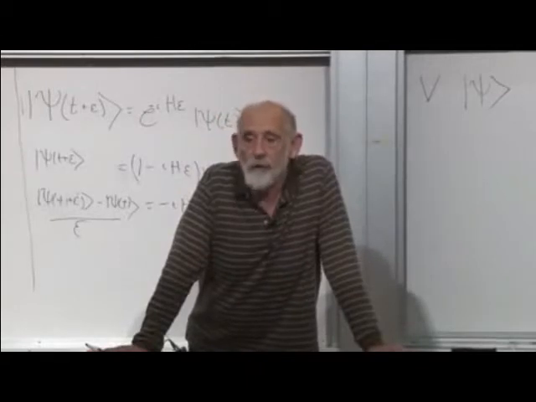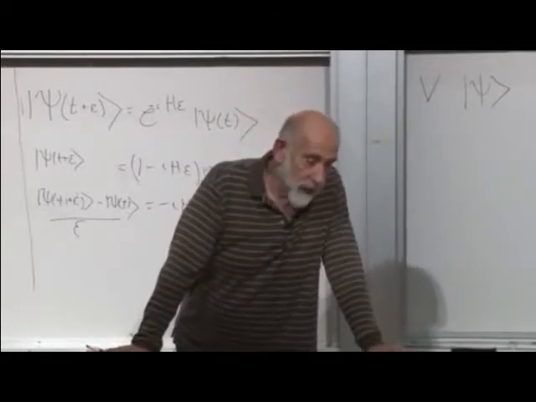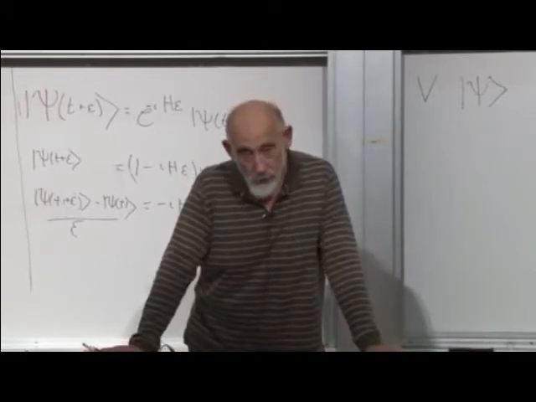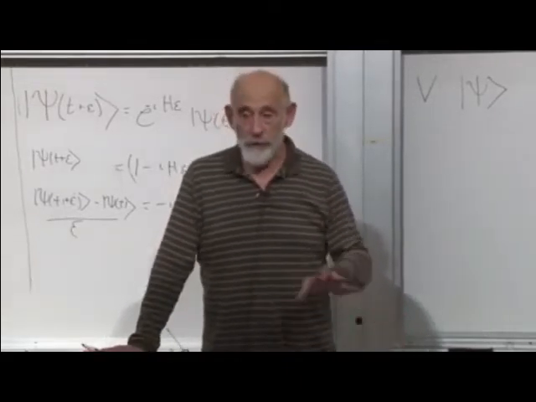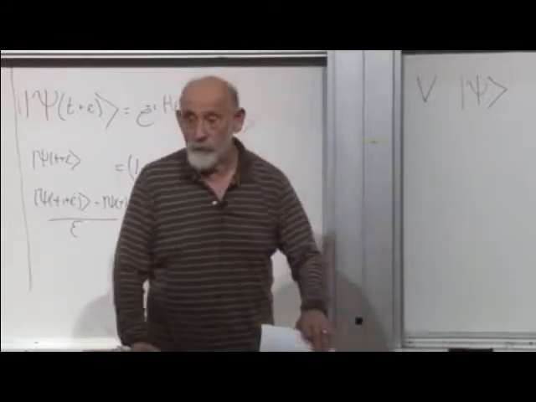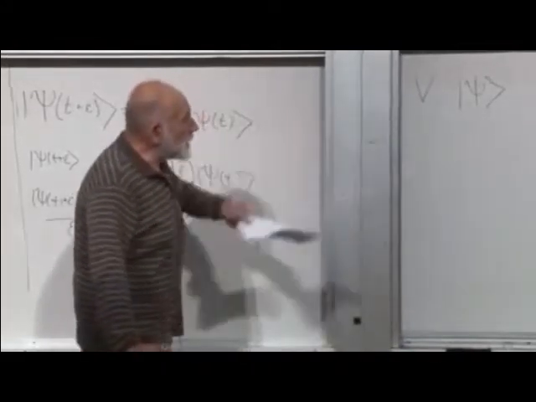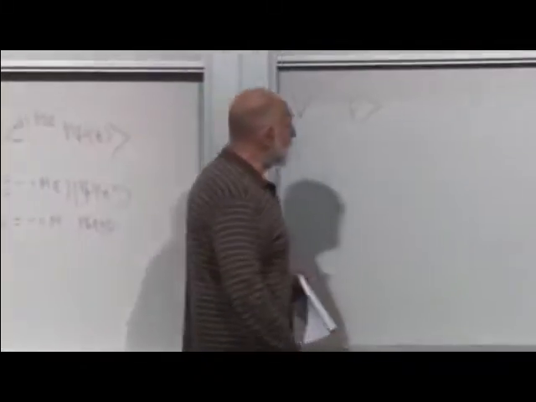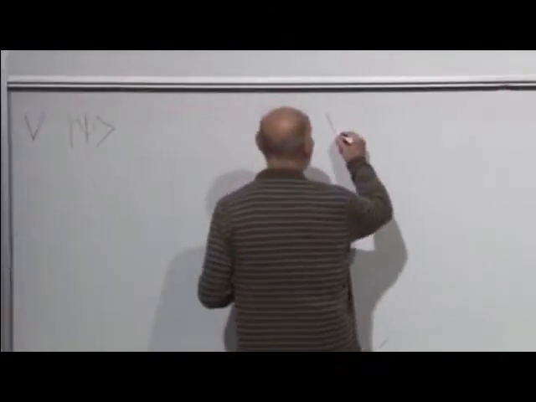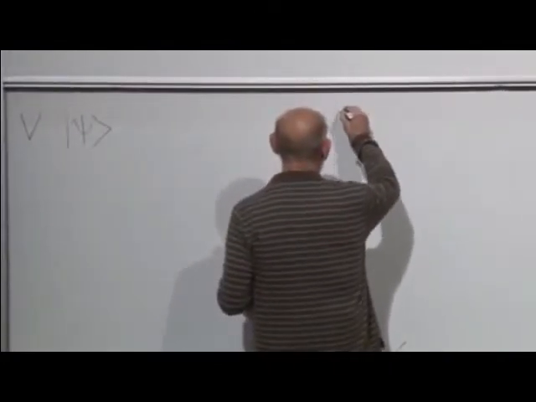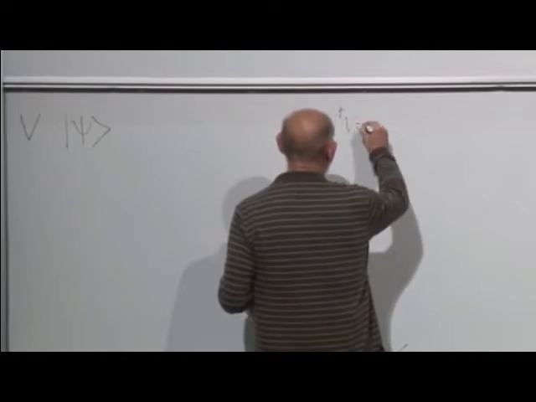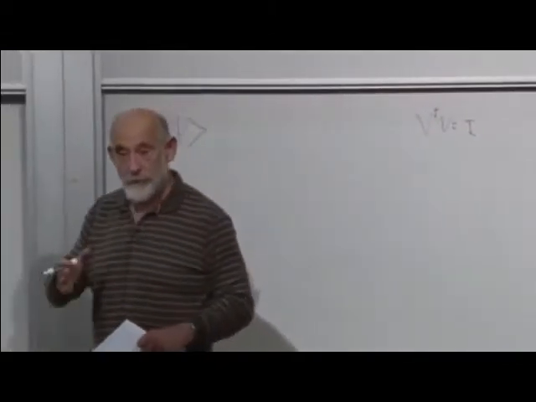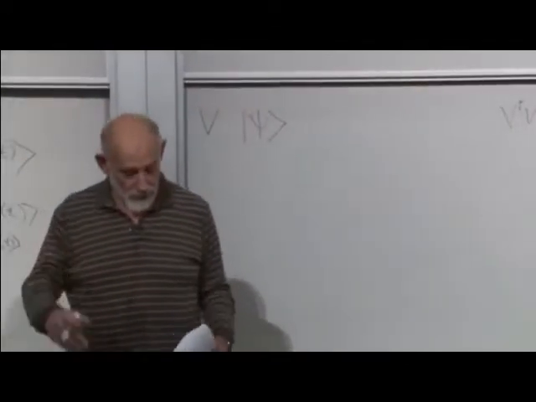If you then rotate the state out in outer space, the distinction should remain. So that means that orthogonal states should remain orthogonal when you do a symmetry operation, and that says that the operator V should be unitary. So V is unitary, V dagger V equals 1. I don't use U because I'm saving U for the special case of time translation, of evolution.